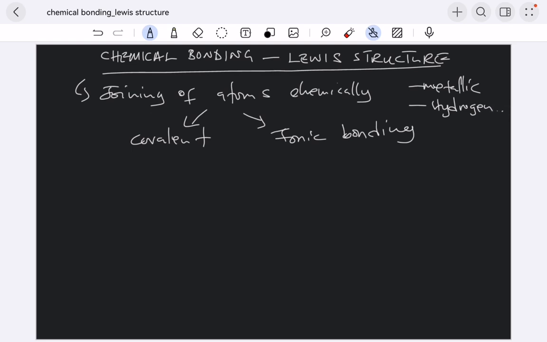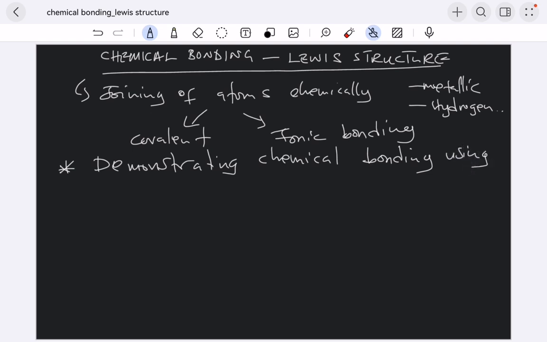Now, for now, I want us to focus on how to demonstrate chemical bonding using the Lewis structure.